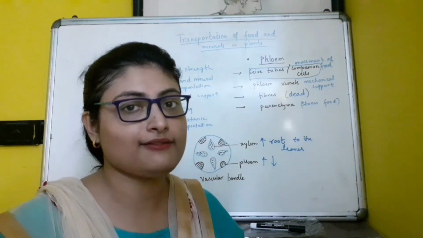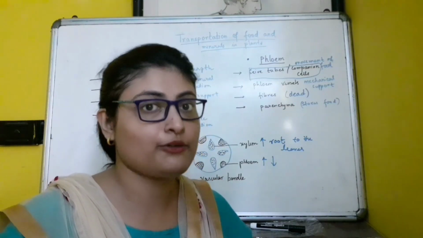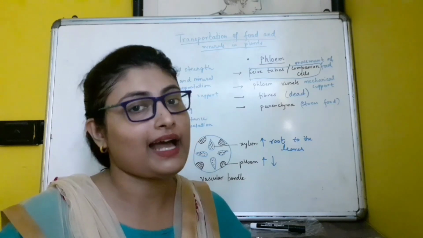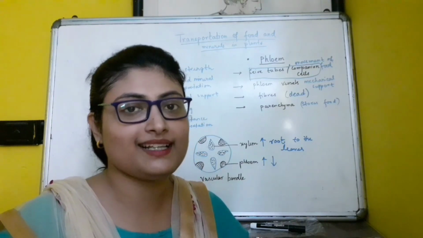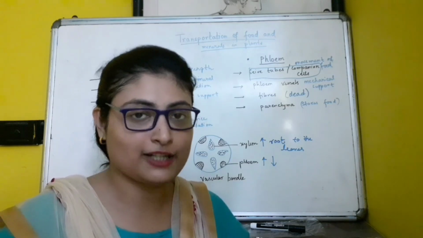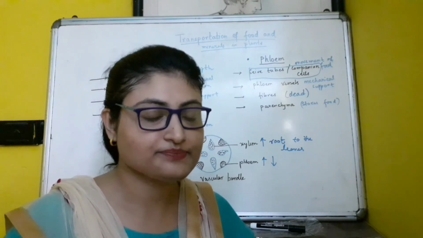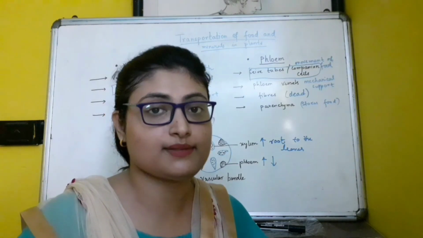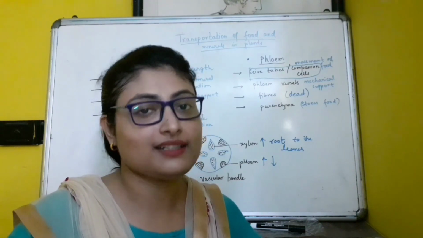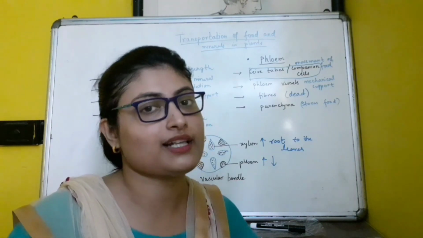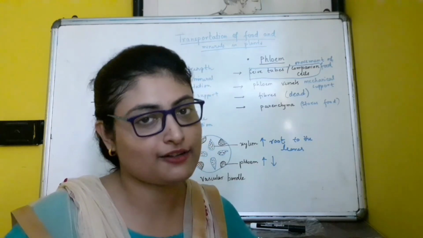So, we have already learnt the function of phloem, the function of xylem, and what conducting tissues and the vascular bundle are. In the next part of the chapter, we will learn the processes by which food, water and minerals are transported into the cells of the plants.